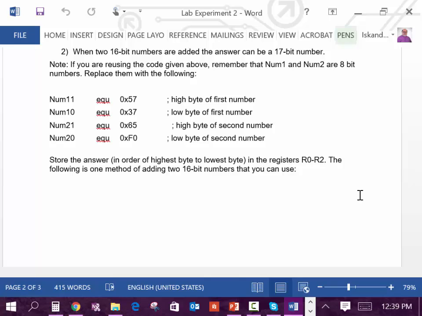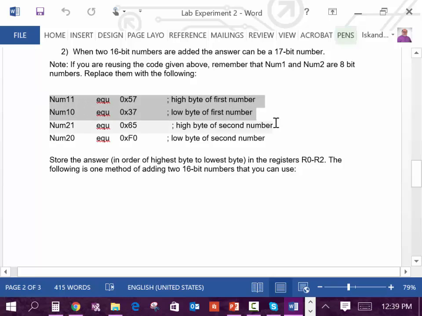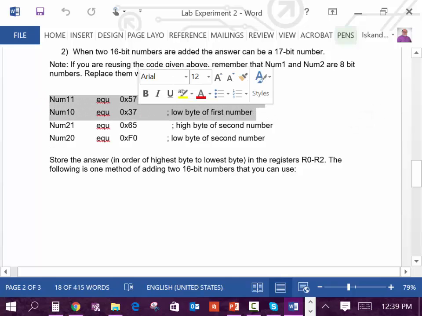So we've got numbers we want to add. Num 10 and 20 is the first number, and it's 16 bits wide. The second number is 16 bits wide.